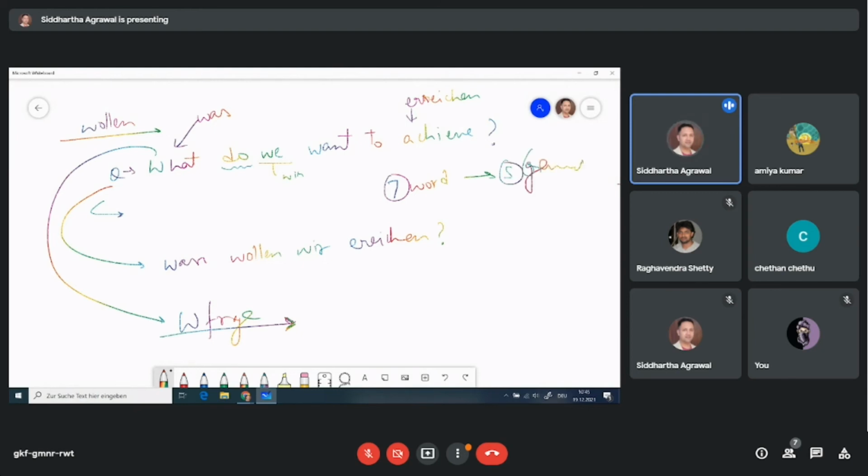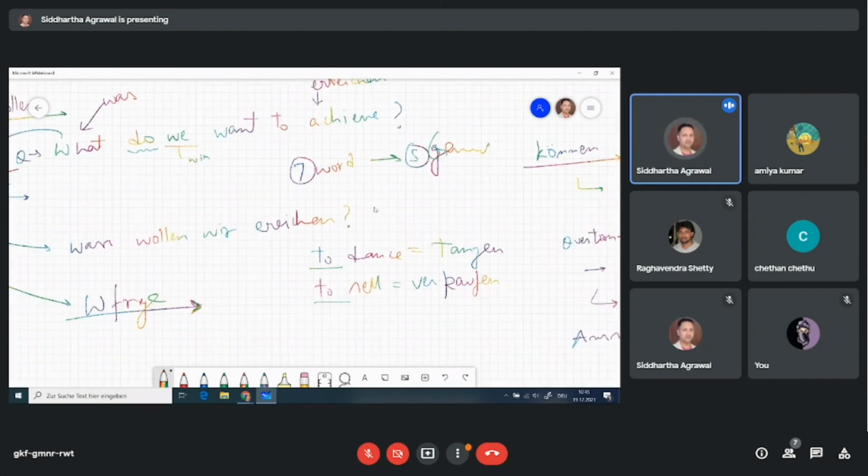Like yesterday also I said, to dance becomes tanzen, to achieve, to sell becomes verkaufen. So here you see to is automatically wiped out, it's nowhere used. Likewise, the actual conversion of this sentence, what do we want to achieve, is was wollen wir erreichen.